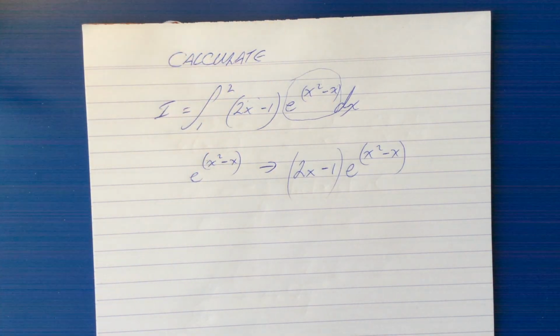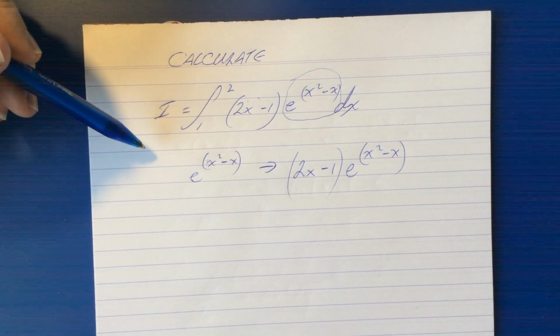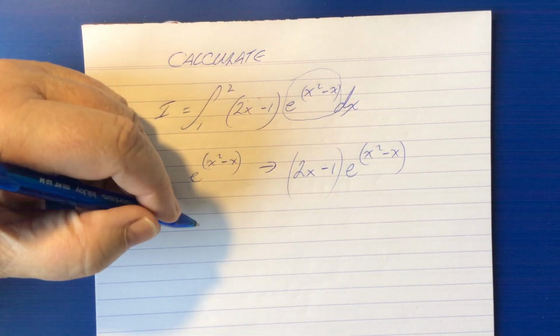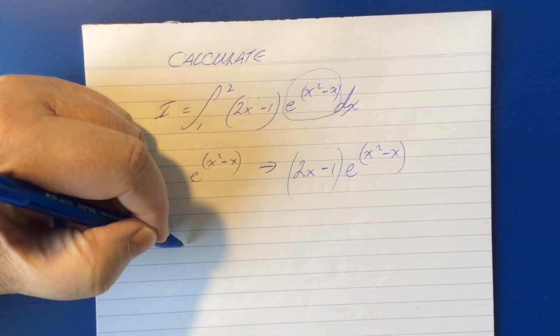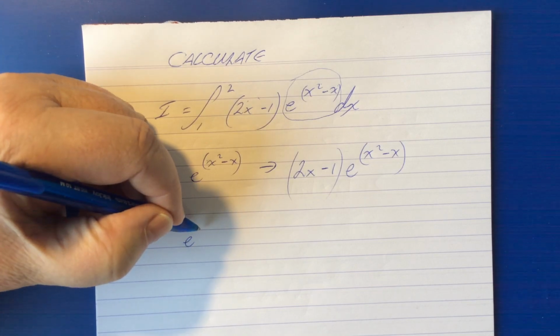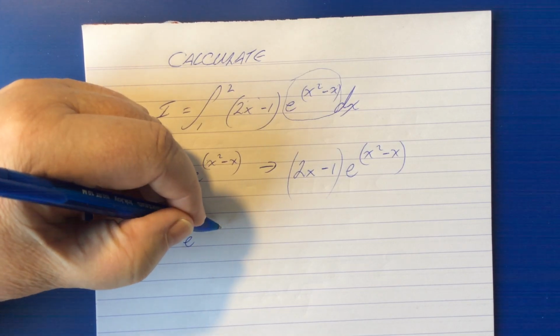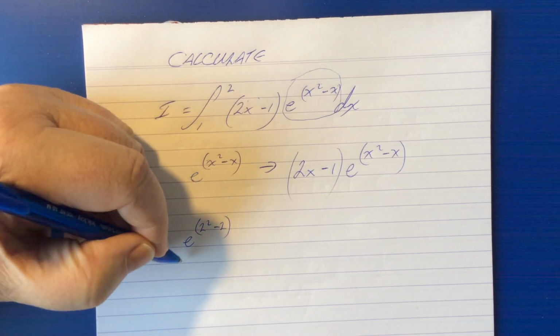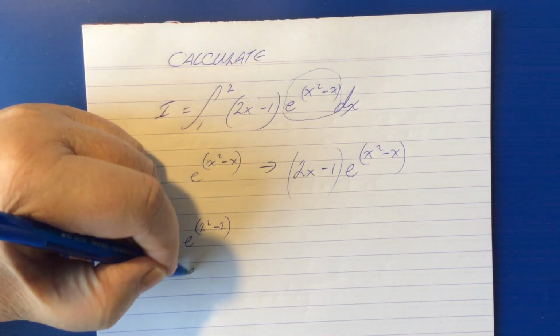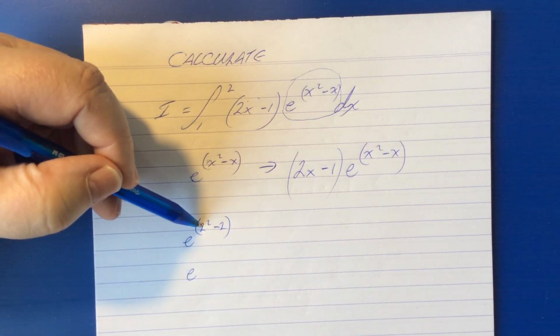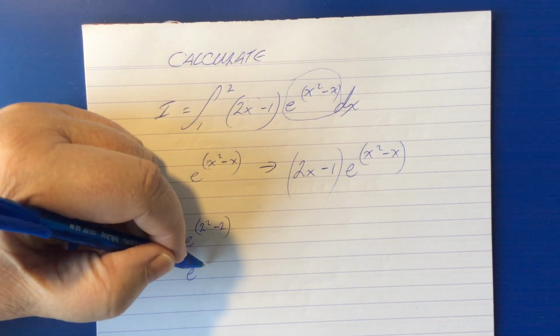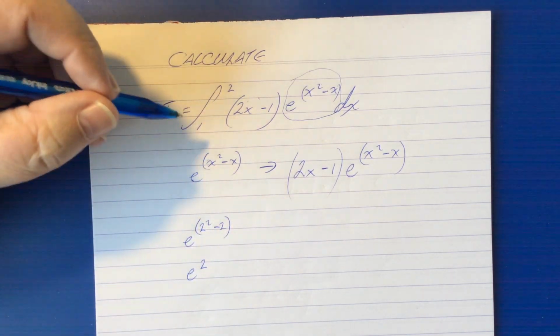So now we need to calculate its value. So let's do that. We'll put 2 into this to start with. So e to the 2 squared minus 2. So that is e to the 4 minus 2, that is e squared.